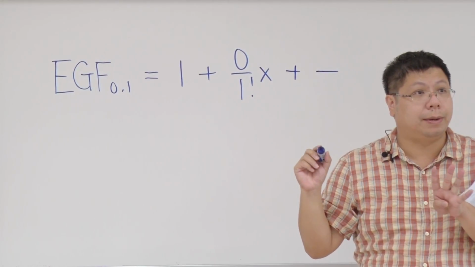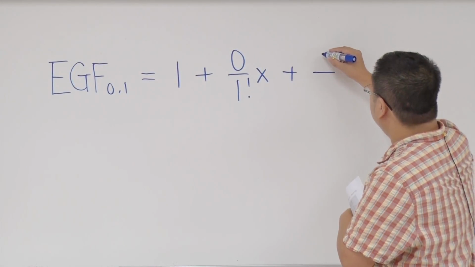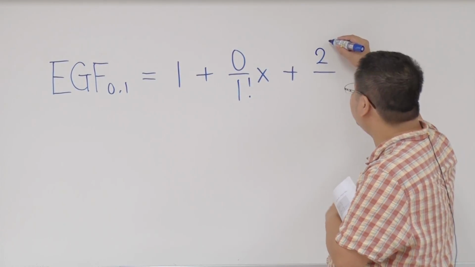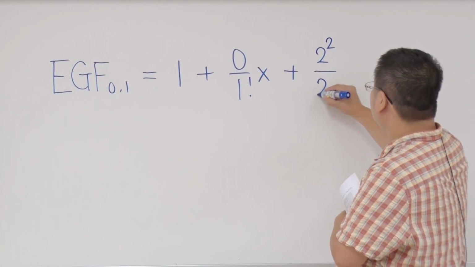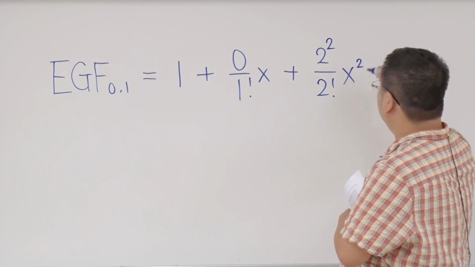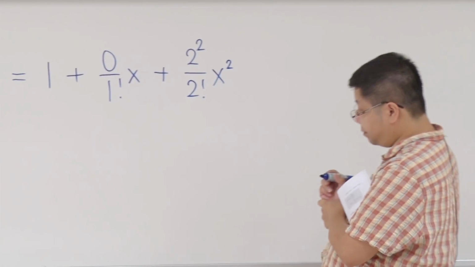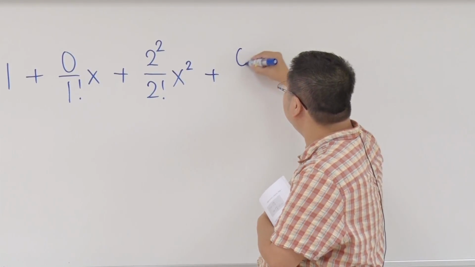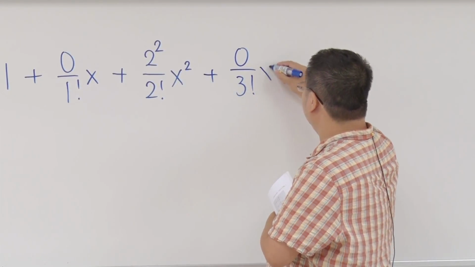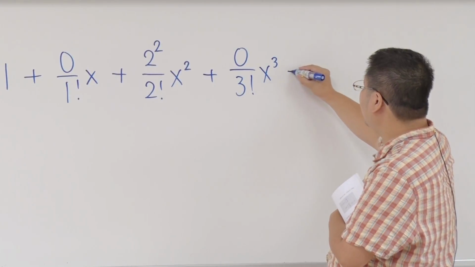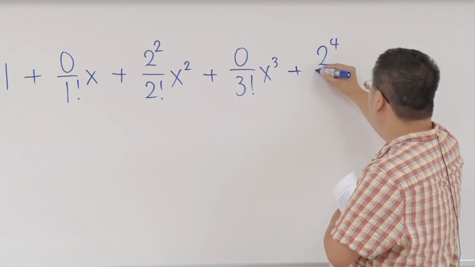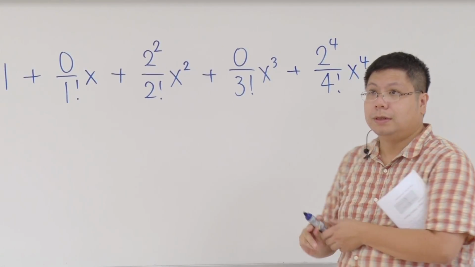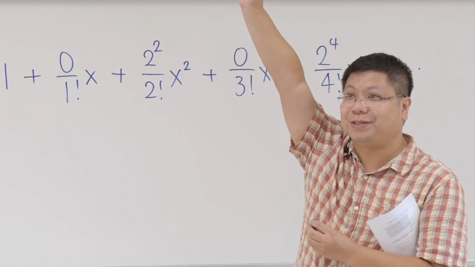There are going to be 2 to the power 2 ways to choose a string of length 2. Is that okay? And 0 ways for length 3, and then 2 to the power 4 ways for length 4, and so on. So far, if you are okay with this, could you please raise your hand?